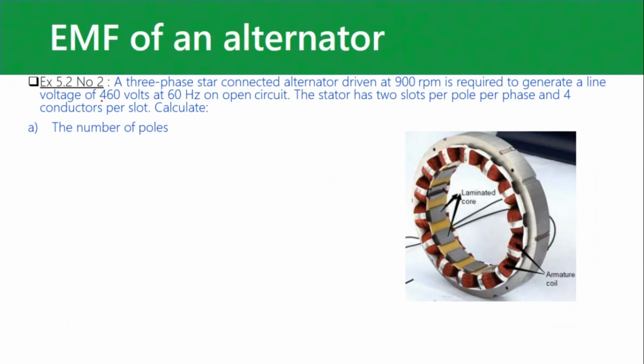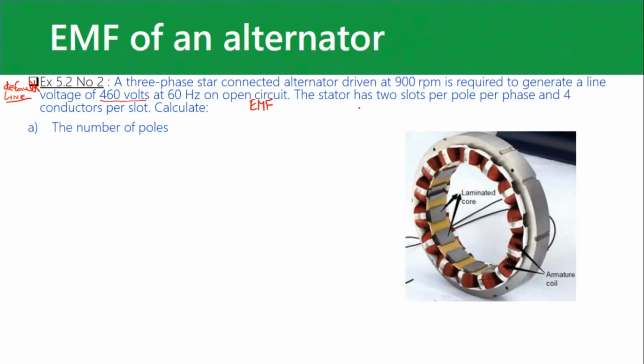Default, when they give you this voltage, is always line, even if they don't tell you, unless they tell you it's a phase voltage. Sometimes they don't say line, but it's default line. Okay, f is 60 hertz. So the voltage on open circuit, in other words, your EMF.